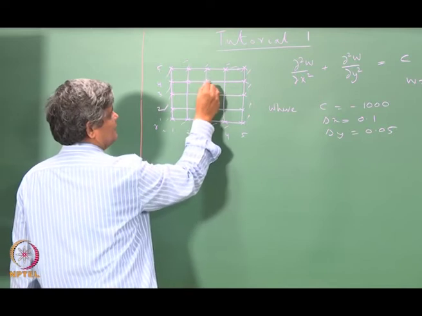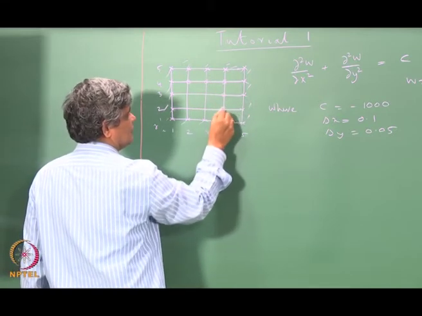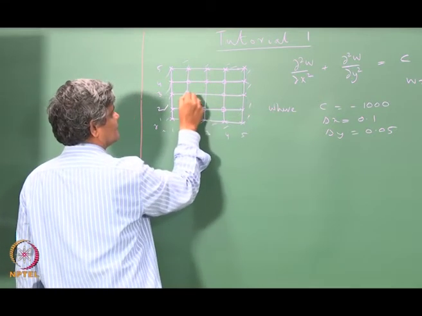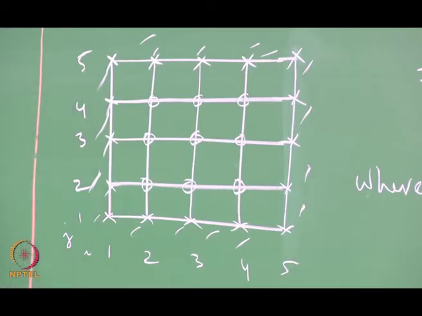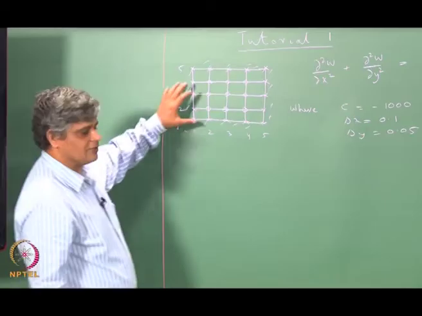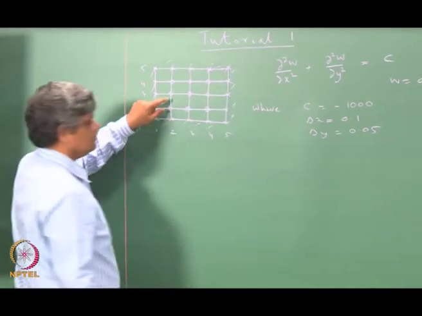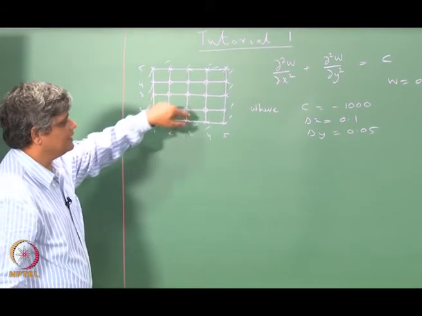And it is at these interior points marked by circles where we would like to get the velocity, which will satisfy this equation. So, we need to get velocity at 9 interior points.